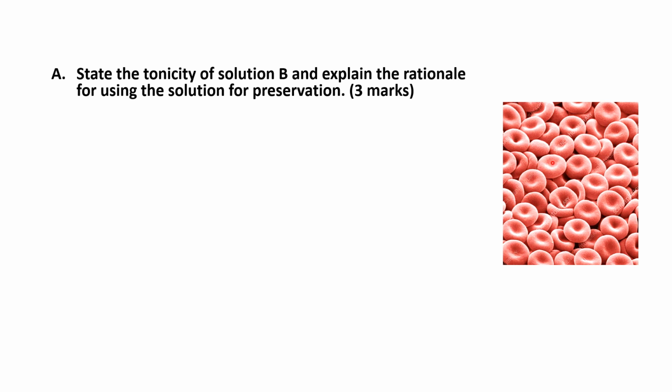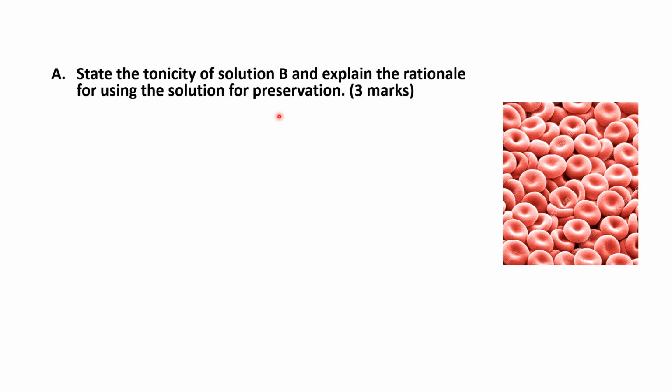You can see the shape of the red blood cell here is biconcave, and none of the cells appear shrunken or swollen. Also, the other clue here is that solution B is used for preservation.